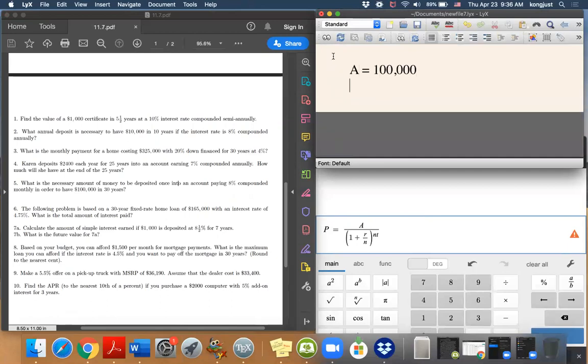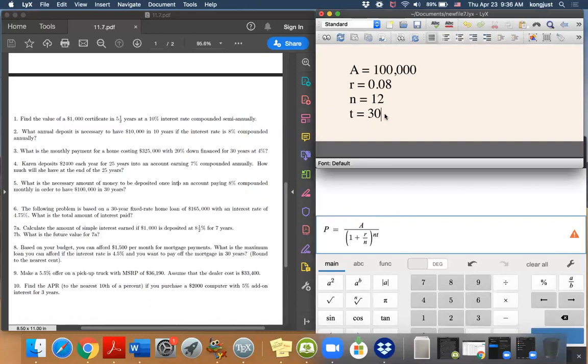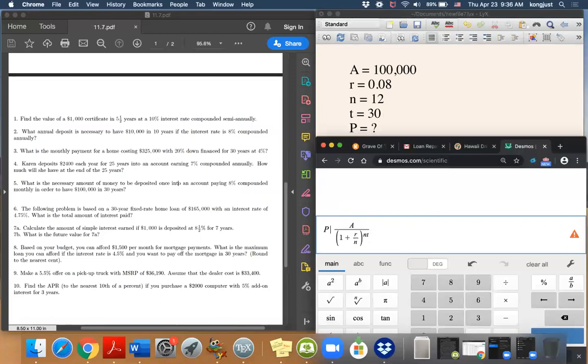Necessary amount, deposit once. 8% compounded, so R is equal to 0.08. Compounded monthly, so N is equal to 12. And in 30 years, so T is equal to 30. There we go. P is the thing I want to know, right? So let's just fill in our values. Present value.